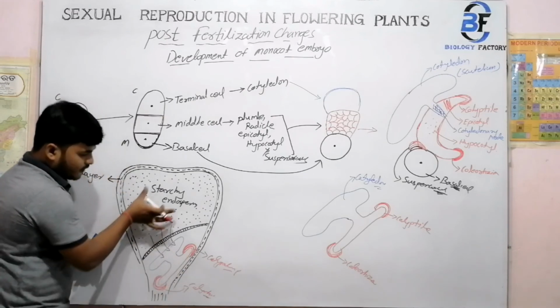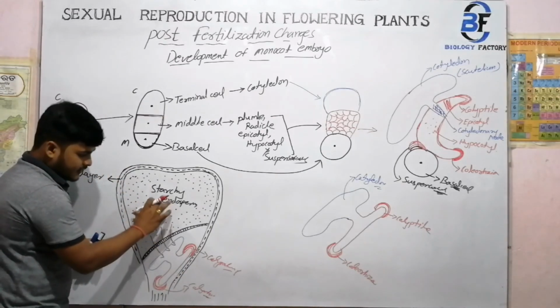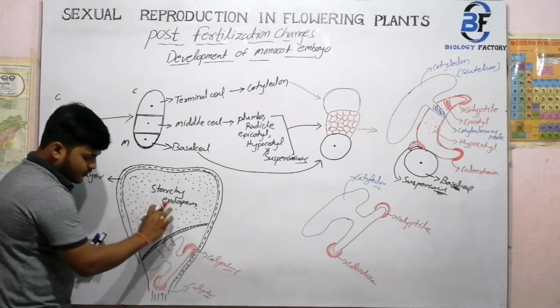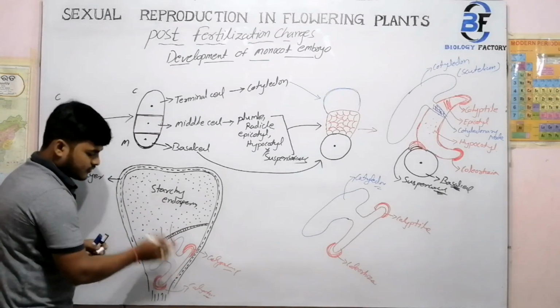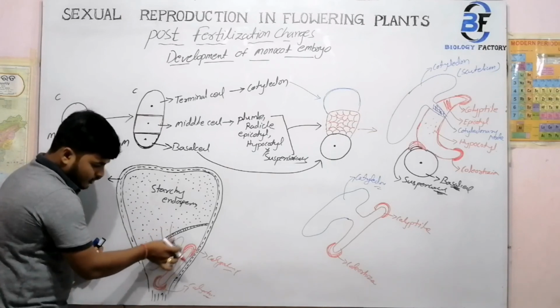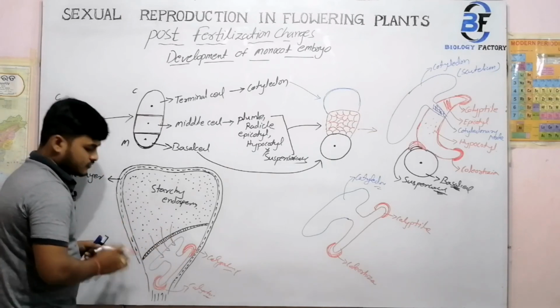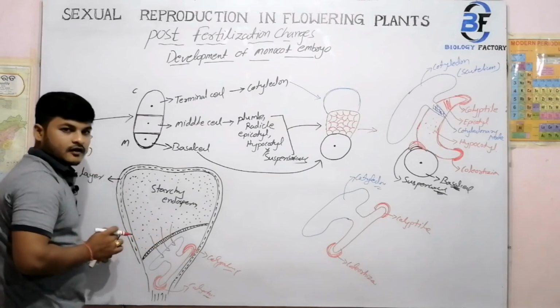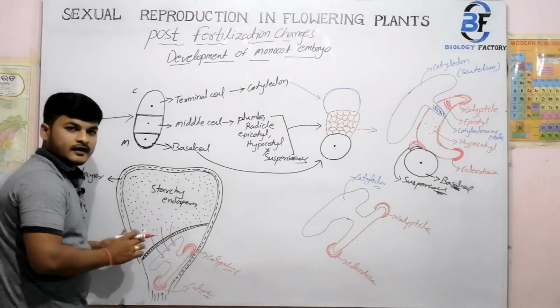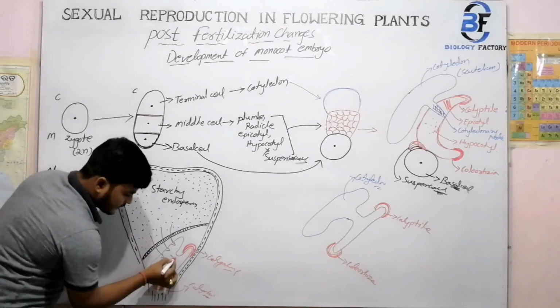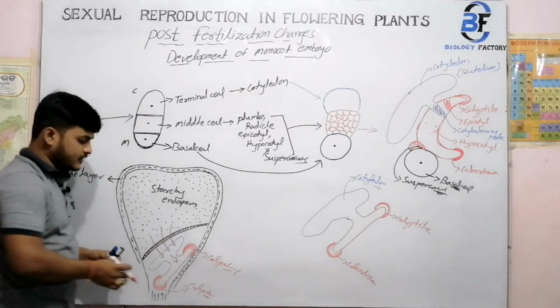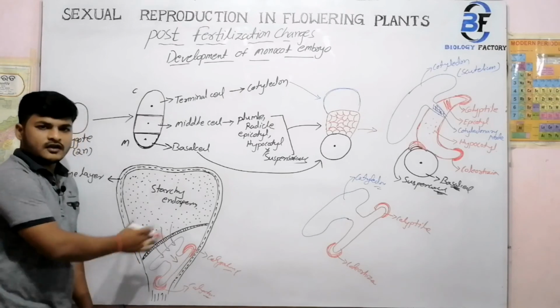That means this is your embryo and this is the endosperm, and the nutrients from the endosperm are transferred by the cotyledon to your embryo. So the cotyledon plays the vital role here. The cotyledon is placed over here, and the reason behind it is that only through it does the nutrient medium pass to the plumule and radicle, all the structures.